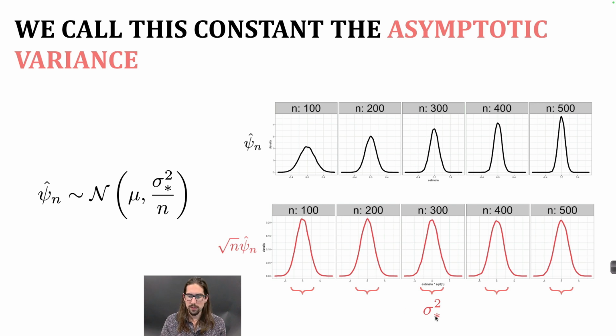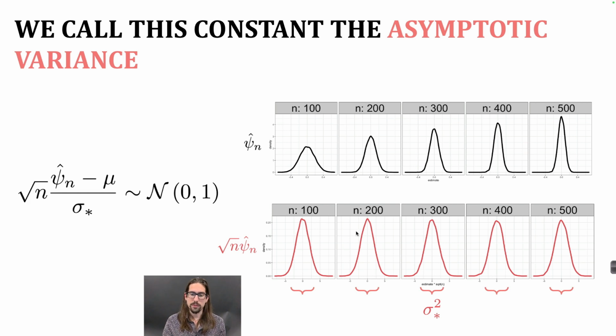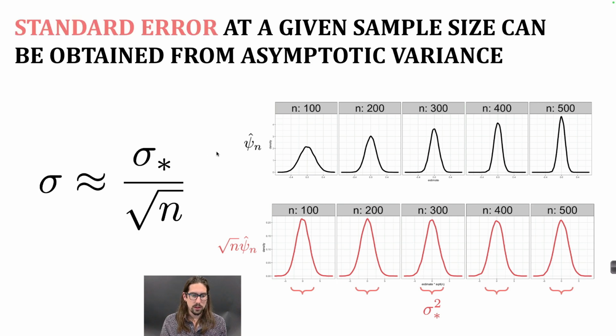It doesn't depend on n. That's the nice thing about it: it's just some constant, and for a given sample size, you get the variance if we know this number, because we just divide by n.